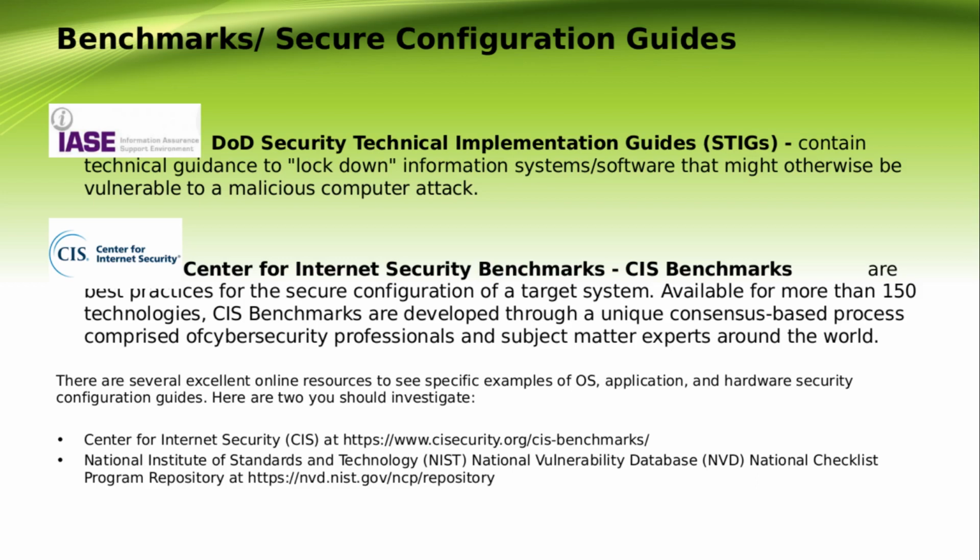CIS is the main provider of more than 100 configuration guides and comprehensive checklists for various platforms that help organizations mitigate security vulnerabilities. The benchmarks and guides prove useful because they include desirable characteristics.